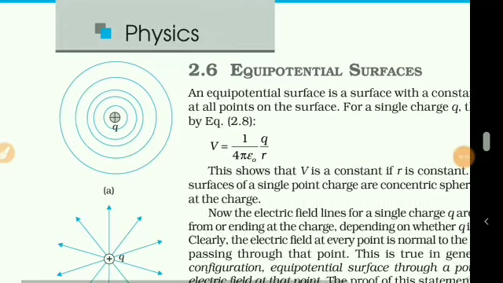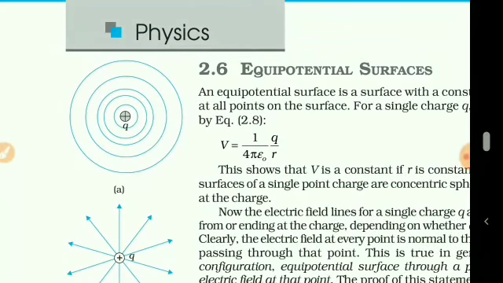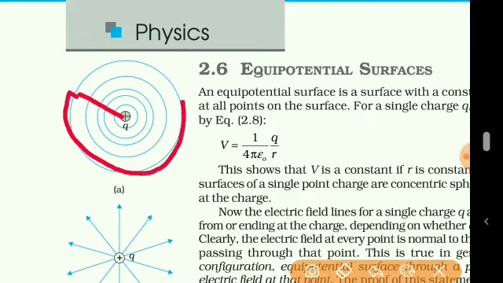So here in 2 dimensions, all those points are found to be on a circular path, but actually in 3 dimensions at distance r with the charge at the center, you will find a spherical surface.